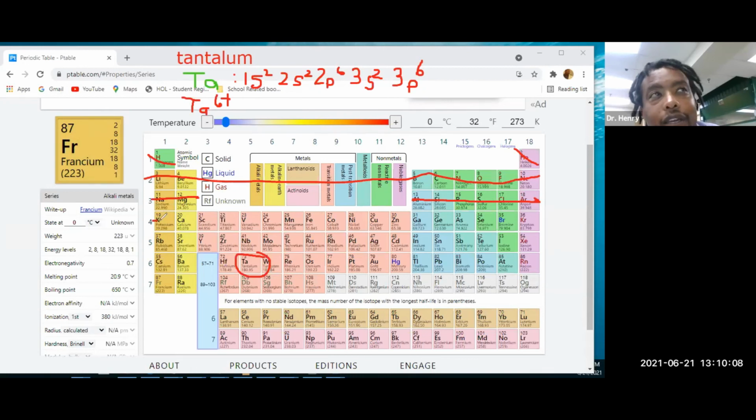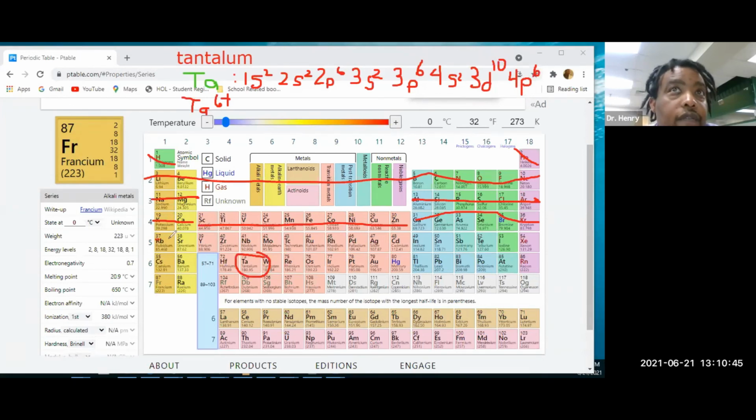And then it would be 4s2. Now it's 3d10. Then 4p6. 5s2. 4d10.